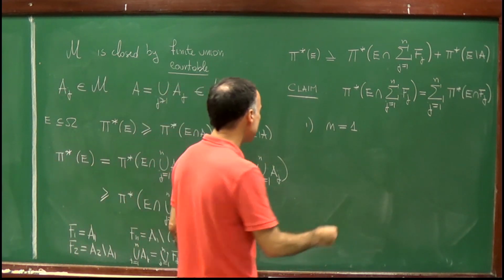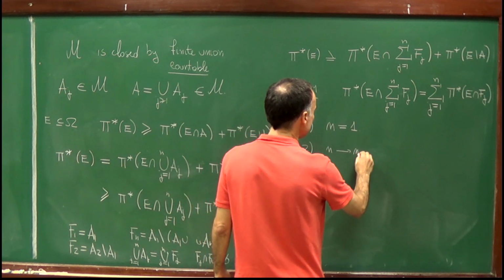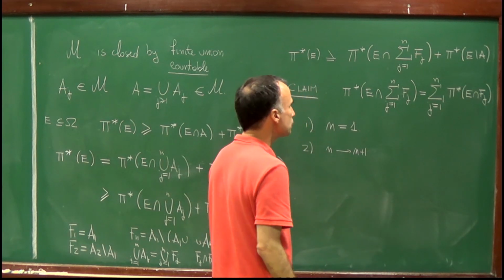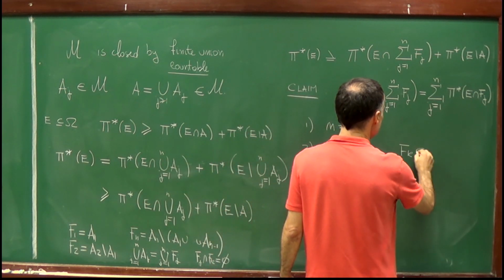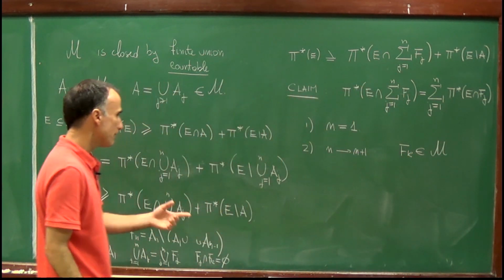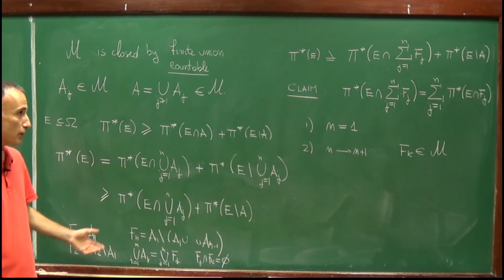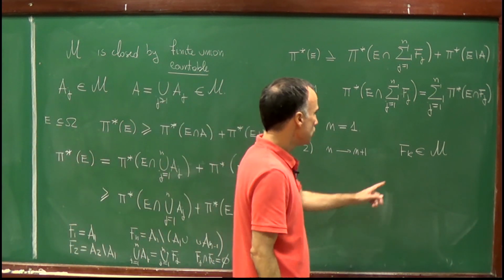So to go from n to n plus 1, now we will use the fact that the sets Fk belong to M. Right? And we are using the fact that we have already proved that M is an algebra.